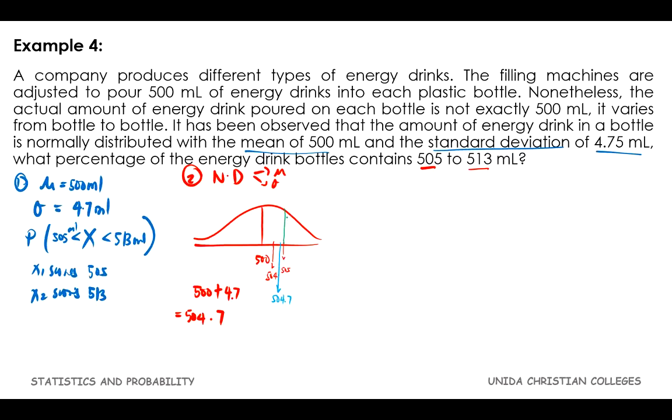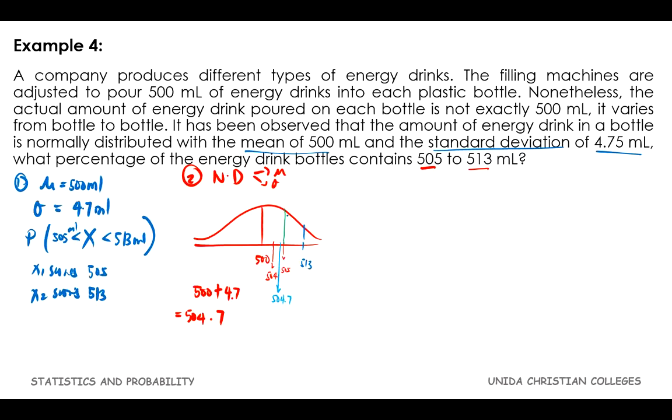So, nandito siya. Tapos, next, input mo natin yung isa. Tapos, yung isa naman ay 513. Let's assume dito yung 513. Okay, so 513. So, ibig sabihin, ang sabi dyan, greater than kay 505, tapos less than kay 513.